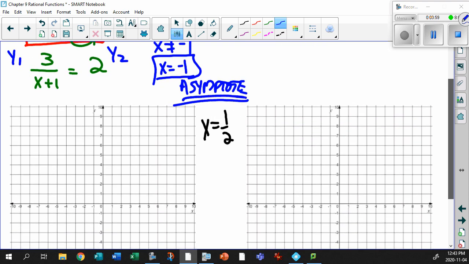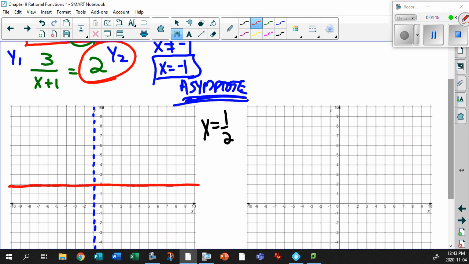We have an asymptote at -1, so there's my asymptote right there. We have one line, which is the y2, at 2. So I'm just going to draw the y2 in right there. We know at x equals 1/2, there's my x equals 1/2, it's going to intersect this line.